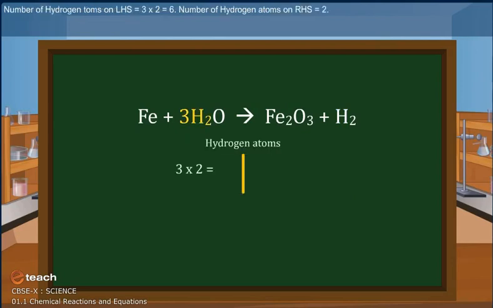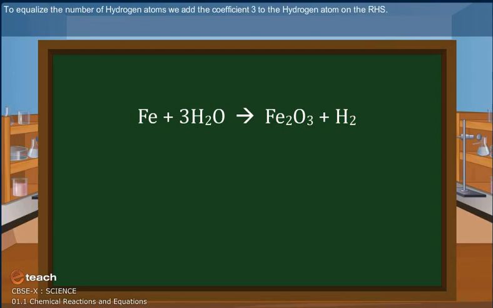Number of hydrogen atoms on the left-hand side is equal to 6. Number of hydrogen atoms on the right-hand side is equal to 2. To equalize the number of hydrogen atoms, we add the coefficient 3 to the hydrogen on the right-hand side. This is what our equation looks like now.